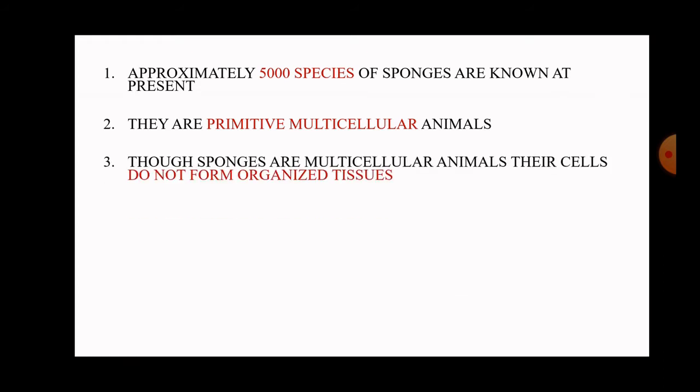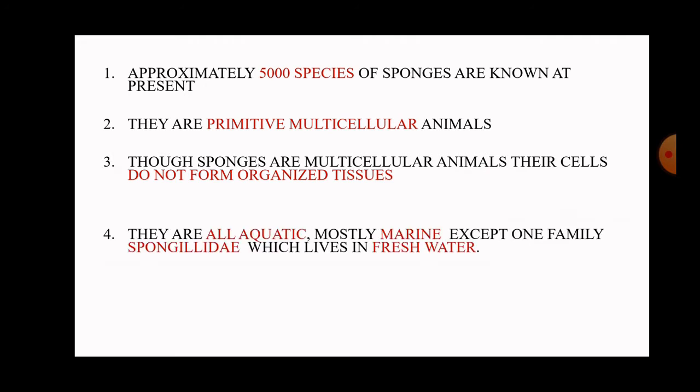Even though they are multicellular animals, their cells do not form any organized tissues. That is why they are called primitive animals, and that is one of their special characters. Even a single cell performs its duties.